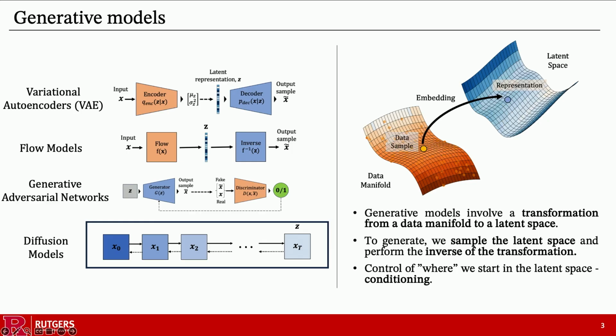I will be focusing on diffusion models, but one way or the other, all the generative AI models out there can be considered latent space models. They involve 2 steps, starting from our data manifold, where all our real data exist.